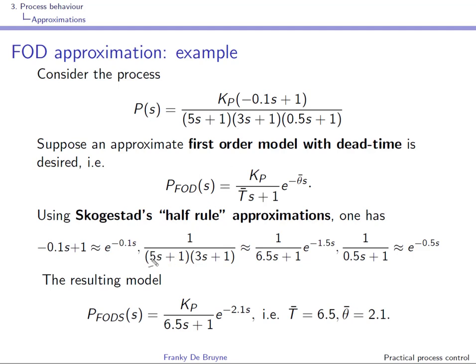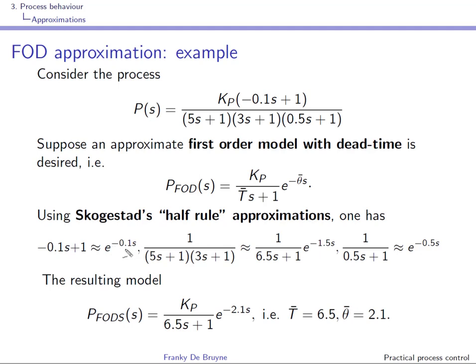This is 5. So if you add half of 3 seconds to 5, you have now a time constant that is 6.5 seconds, and the remaining part, so this is 1.5 seconds, is put in a delay. The other neglected time constants are just replaced by delays.